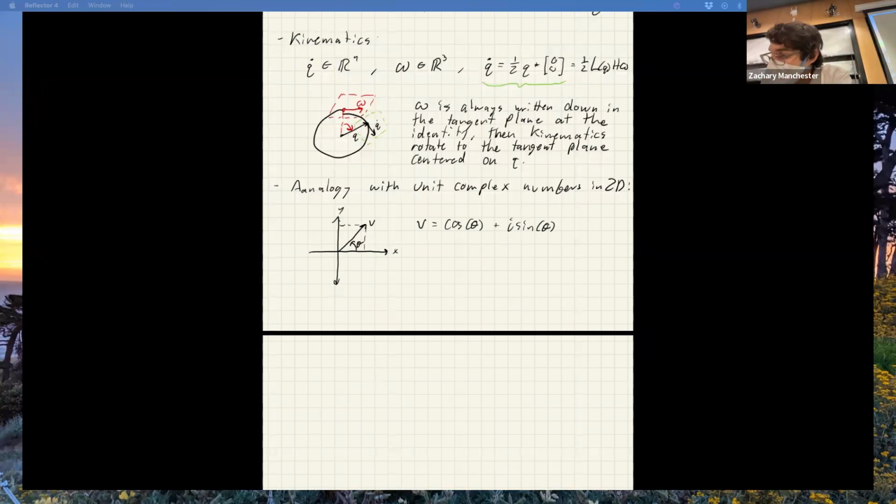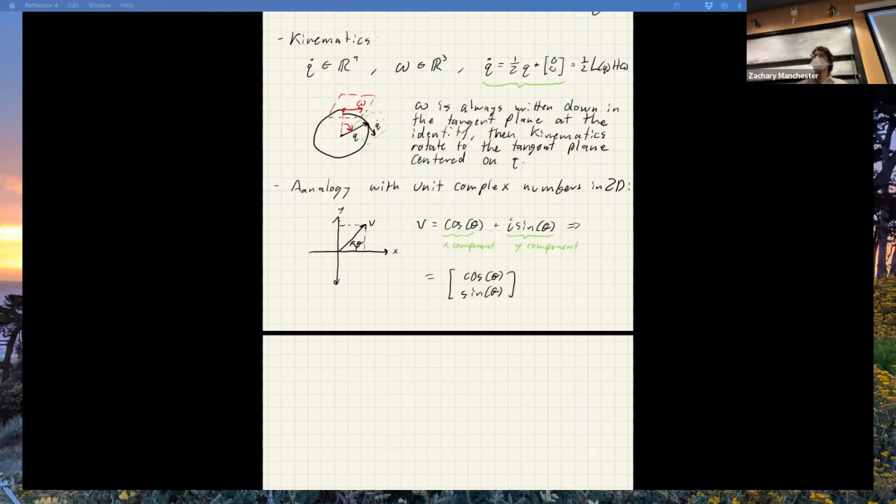This is your X or real component, and this is your Y or imaginary component. If we stack this up and write it as a 2D unit vector, we get cos theta, sine theta for the x and y components.